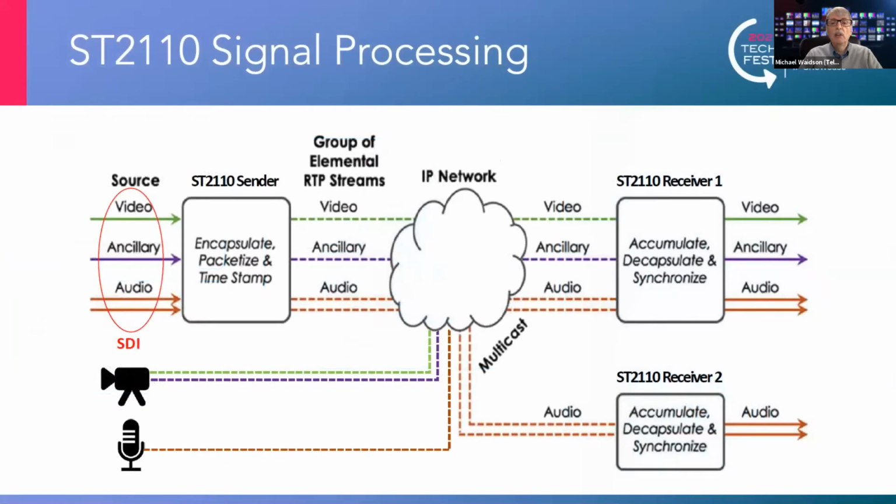Let's start by looking at the process of converting the video signals to packetized data for the video, audio, and data streams. This is going to take the stream of video, audio, data and packetize that with the addition of an IP header that provides addressing for the stream that's sent across the network.